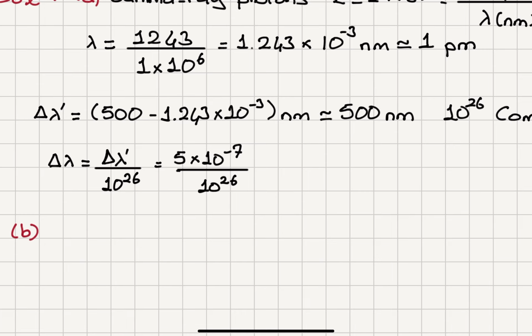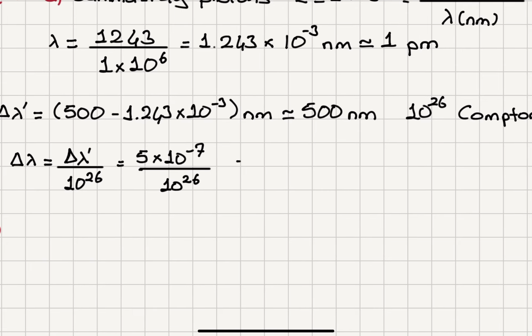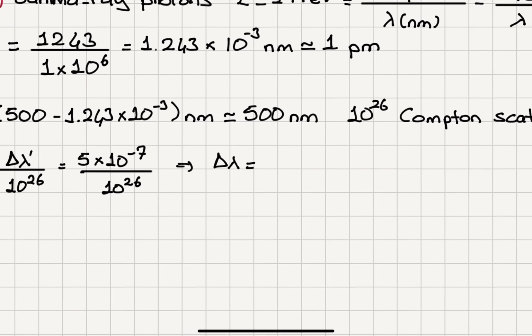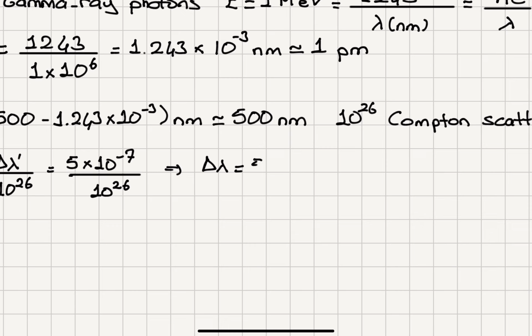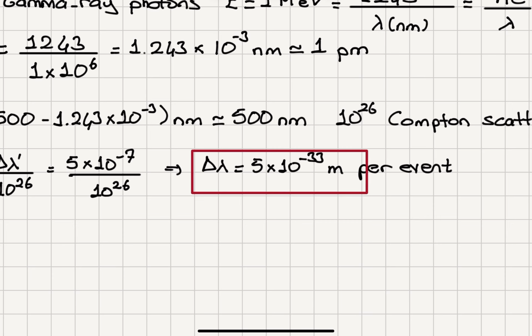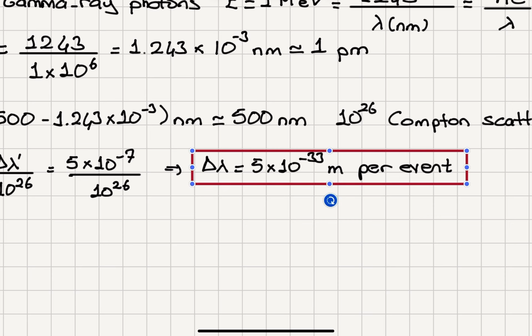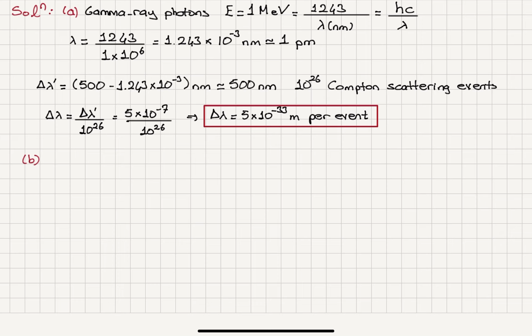So we find that the wavelength change per scattering event is 5 times 10^-33 meters per event. Okay, so that answers part A of the problem.